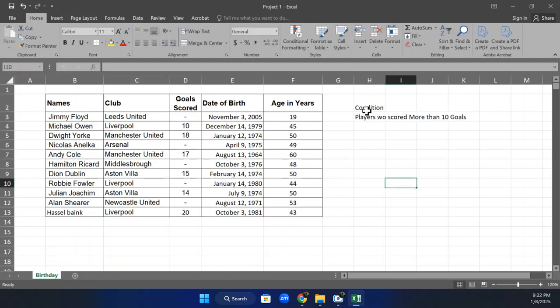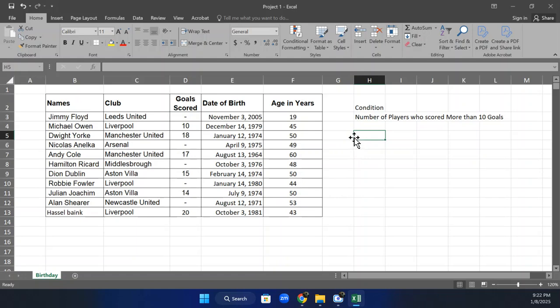So basically that's our condition. We need the number of players who scored more than 10 goals. So this is our condition.